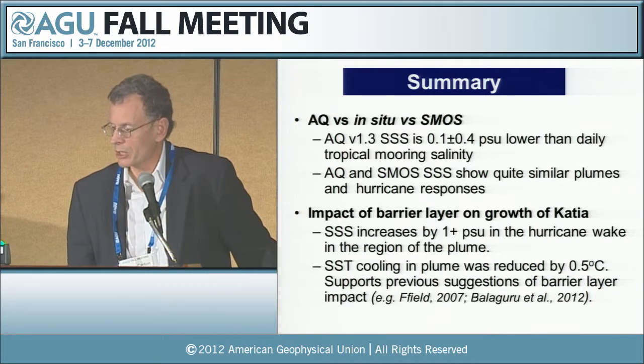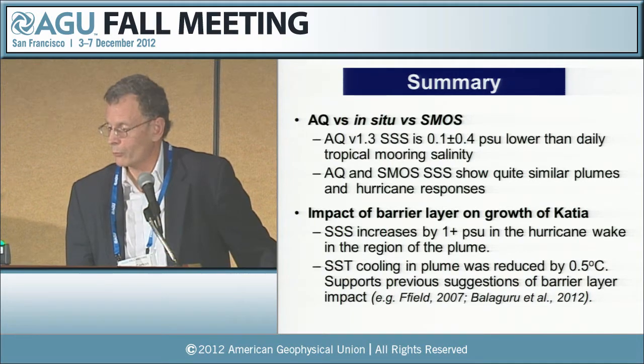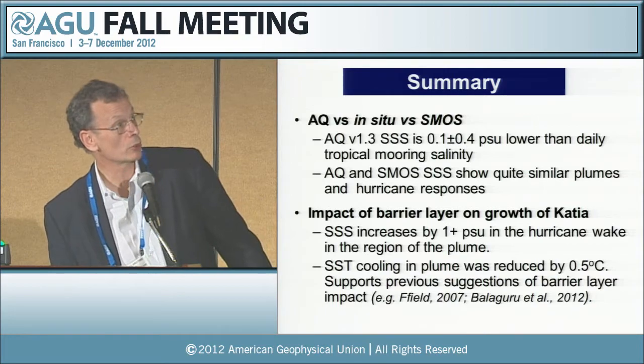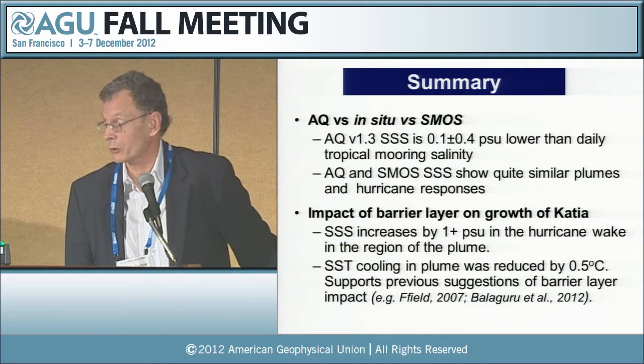We find an RMS difference on the order of about 0.4 PSU versus the tropical moorings. Again, this is version 1.3, and these are daily comparisons. We looked at the same phenomenon in both Aquarius and SMOS. The agreement's quite good, except when you get very near the coast.